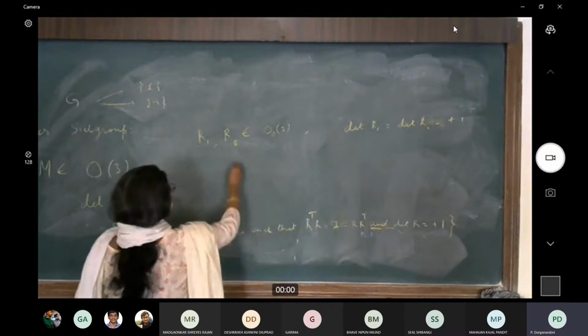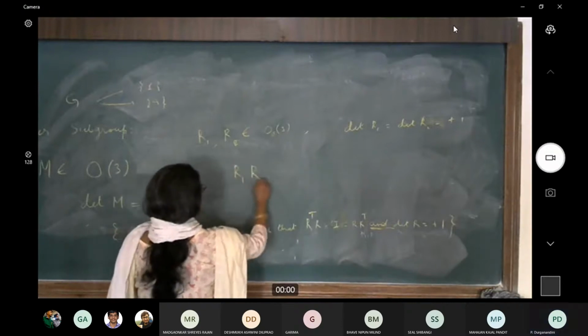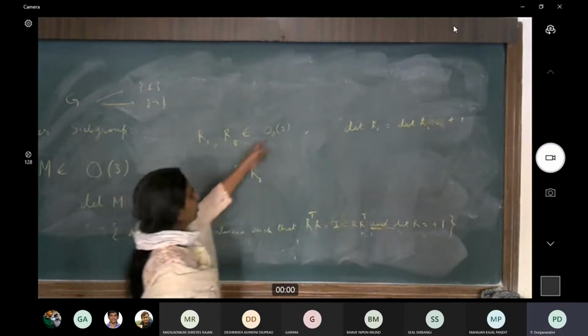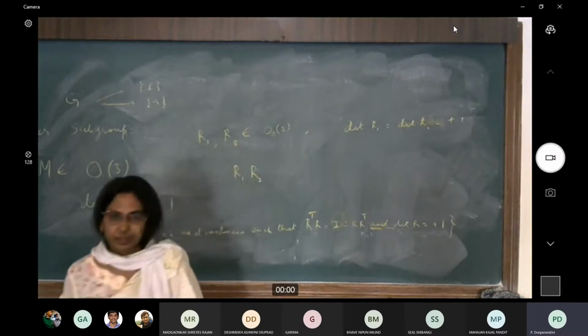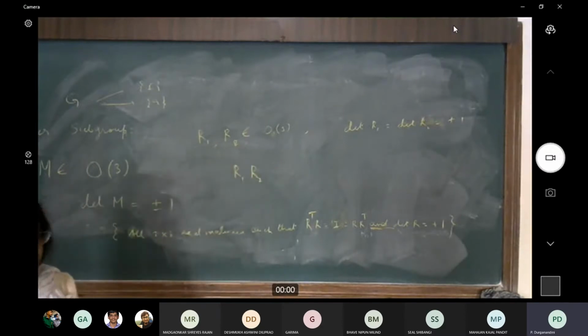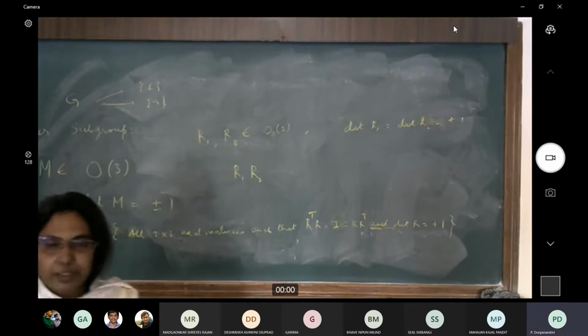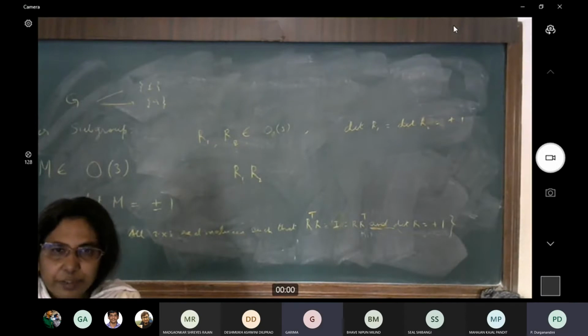If I combine these two matrices R1, R2, because they belong to this O3 group, this will also be an orthogonal matrix. What will be the determinant of the resulting matrix R1 R2? If determinant of R1 is 1 and determinant of R2 is plus 1, then what will be the determinant of the resultant matrix R1 R2?